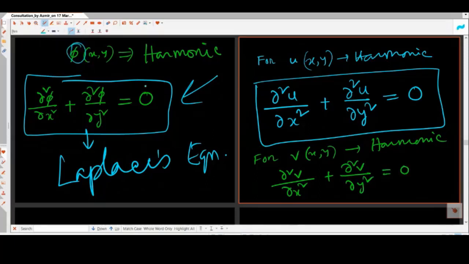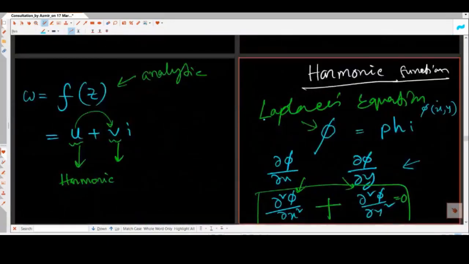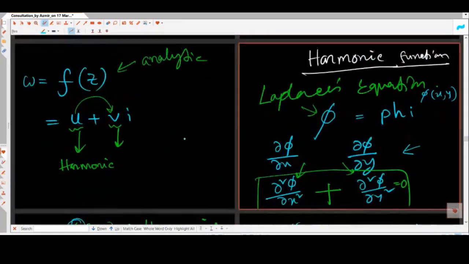That means v satisfies the Laplace's equation. Then we can say v is harmonic. So we have u and v. In general, we can say any function phi. So this is the condition or definition for a harmonic function.